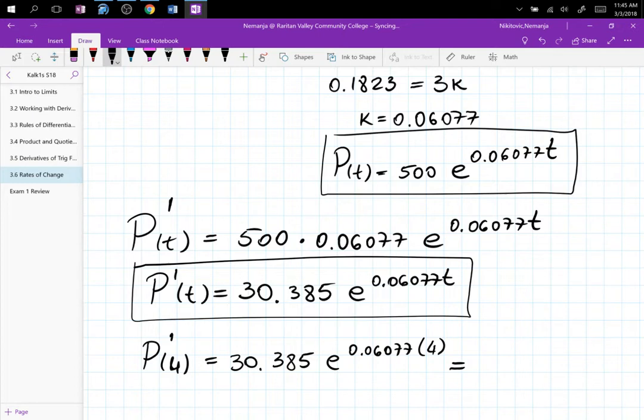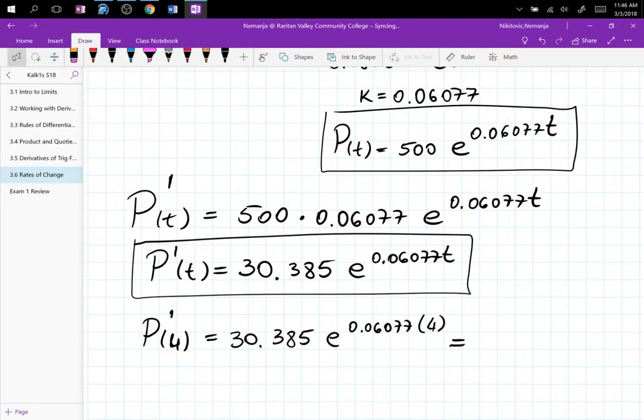So we have 30.385 times e raised to the 0.06077 times 4. 39.8, which is 40 rabbits. Please don't add 0.8 of a rabbit. So the population grows by 40 in year 4.